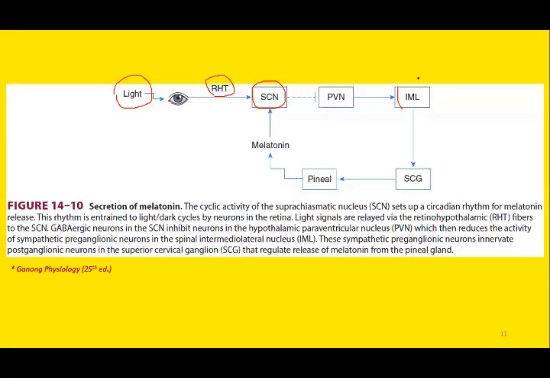And once activated, this intermediolateral nucleus will activate the superior cervical ganglion. As we have discussed, the superior cervical ganglion will send the sympathetic fibers. These are the sympathetic preganglionic fibers, and they will innervate the pineal gland. So stimulation of the pineal gland will cause release of melatonin. So this is the mechanism behind release of melatonin.